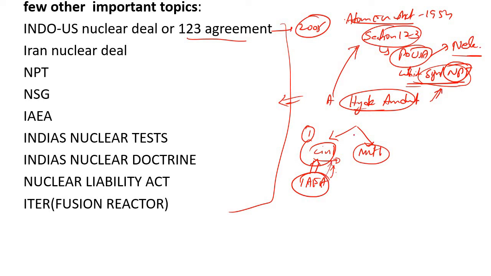That's why they will come and inspect. So USA asked India for a separation clause. This is called the separation clause. According to the separation clause, India should divide its nuclear reactors into civilian nuclear reactors and military nuclear reactors, and the civilian nuclear reactors should be opened to IAEA for inspection.